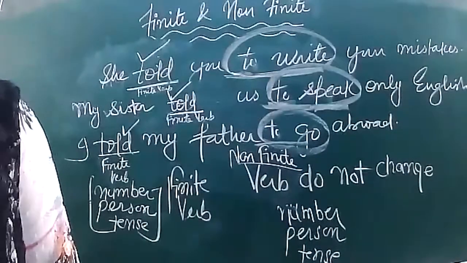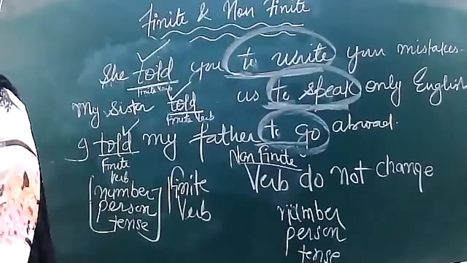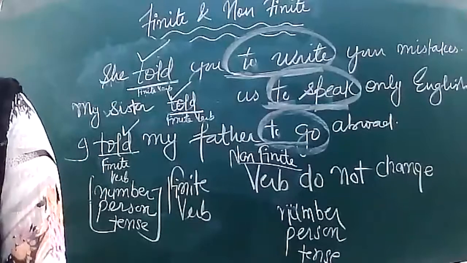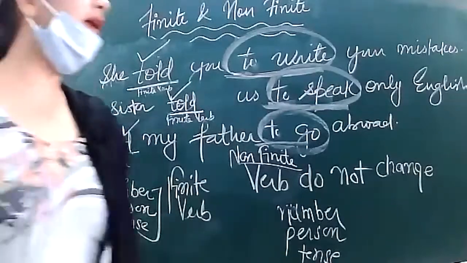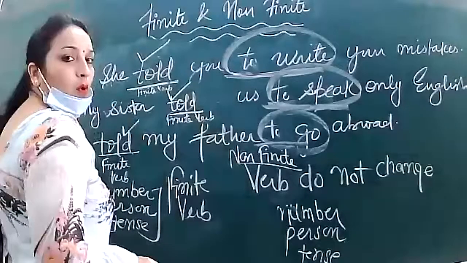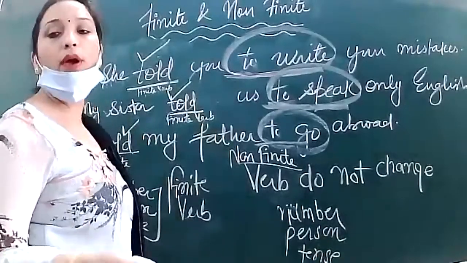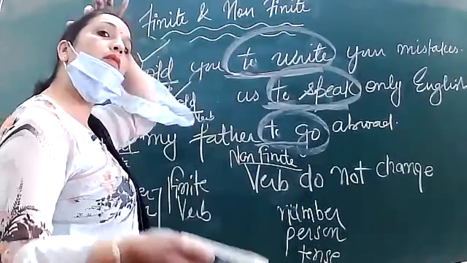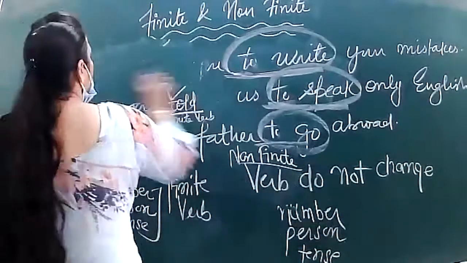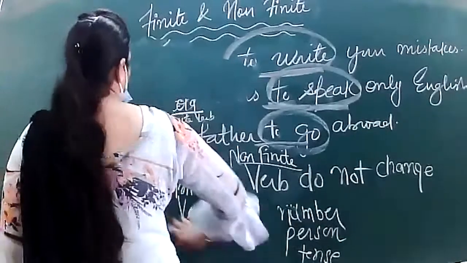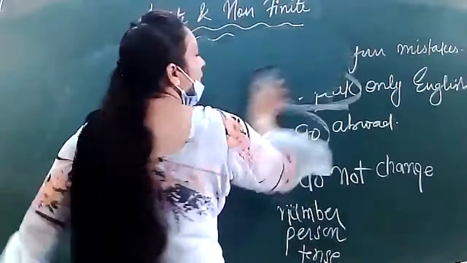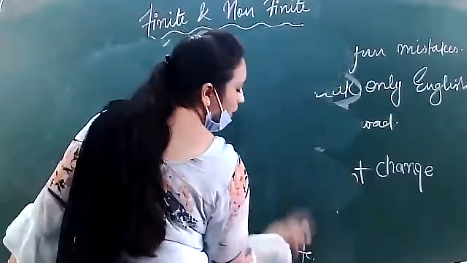Now I'm going to take examples from page number 81 of your grammar book. I will be taking two sentences from your grammar book so that you can thoroughly revise. If you have grammar books now, you can open them. If you don't have, write it down from the blackboard. Page number 81. Online students, hurry up. Take out your books.